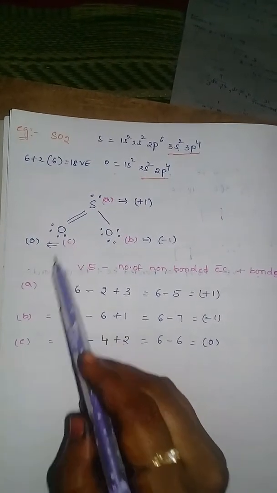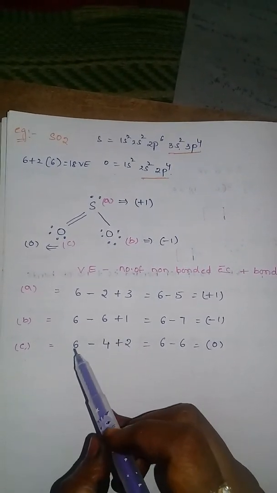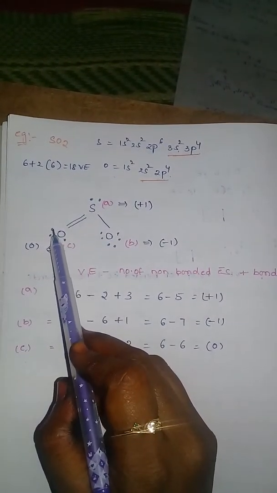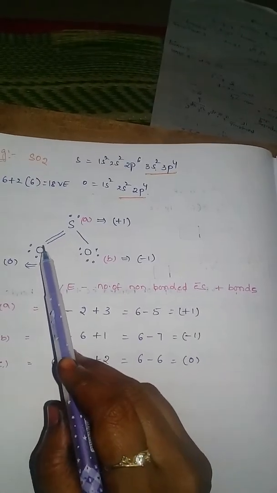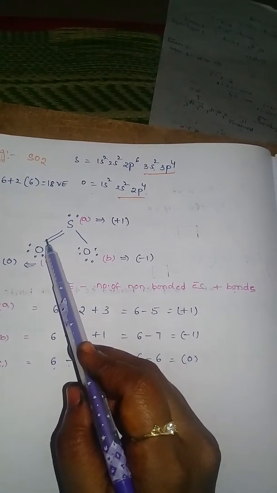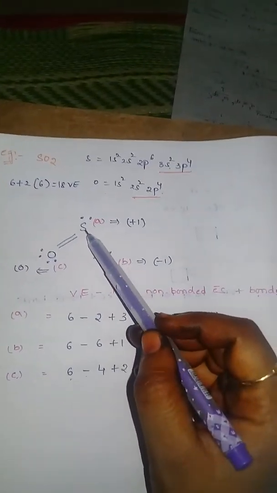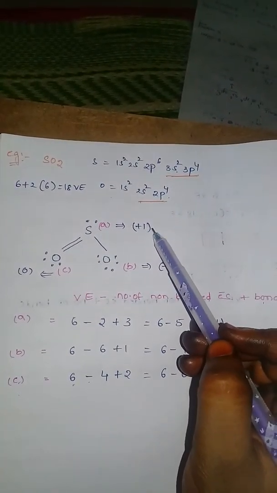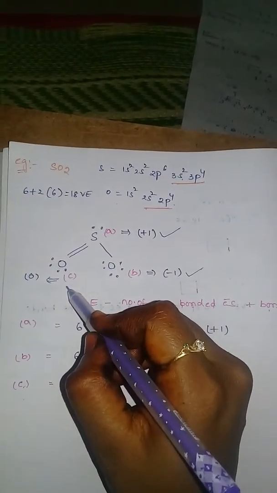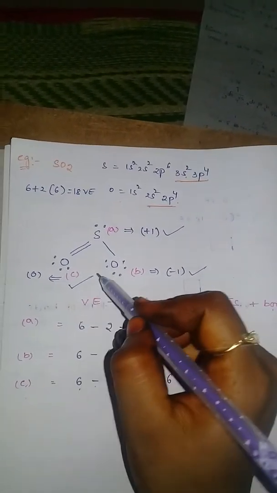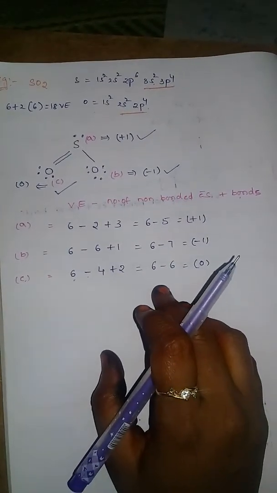Now C is also oxygen, with 6 valence electrons, minus non-bonded electrons: 1, 2, 3, 4. 4, plus how many bonds surround atom C? 2 bonds. 6 minus 6 is equal to 0. So atom A gets plus 1, B gets minus 1, and C gets 0 formal charge. This is the way to find the formal charge based on that formula.